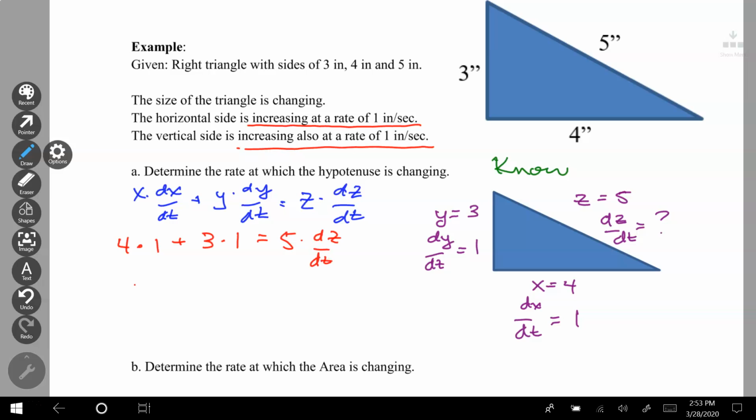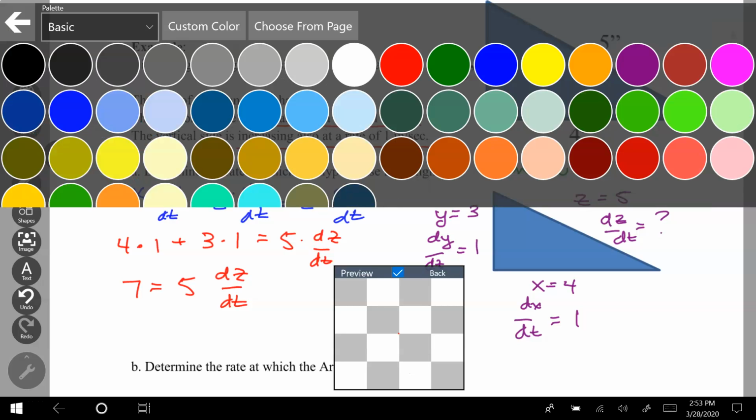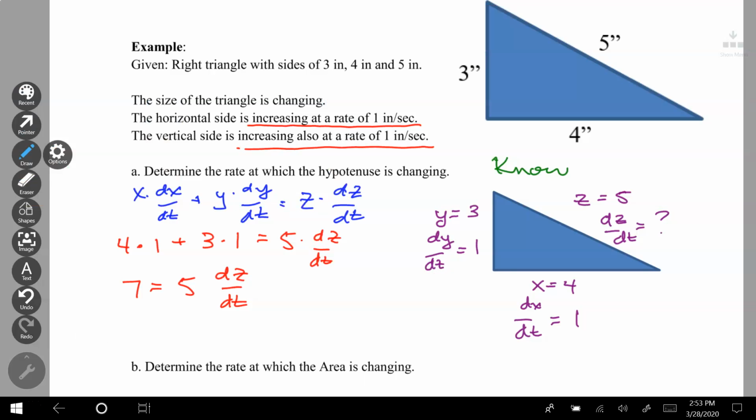I have right now 7 equals 5 dz over dt, and when I divide out by 5, I get dz over dt is equal to 7 over 5, which is 1.4 inches per second.